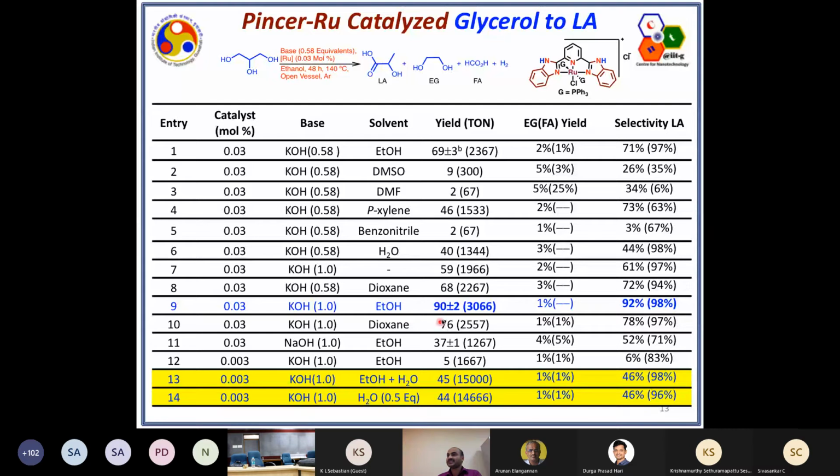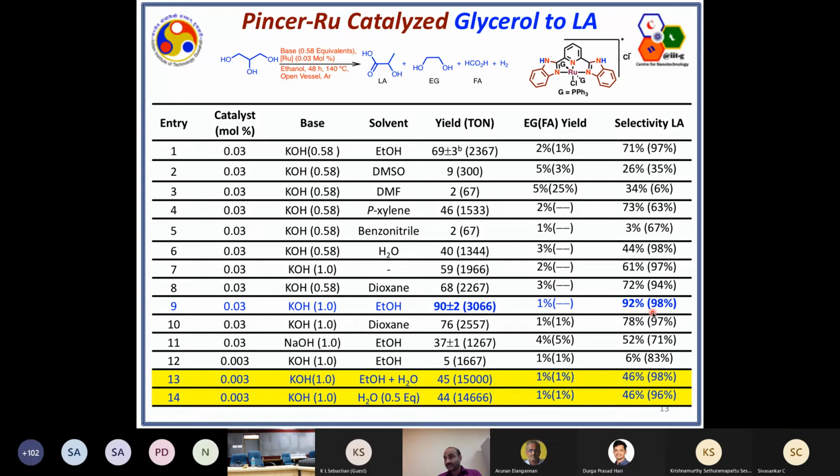We have optimized this such that we get good yields of lactic acid, 90% lactic acid with 98% selectivity. For example, the ethylene glycol and formic acid percentages are 1%, and the conversion of glycerol is about 92%, and the selectivity towards lactic acid is 98%.